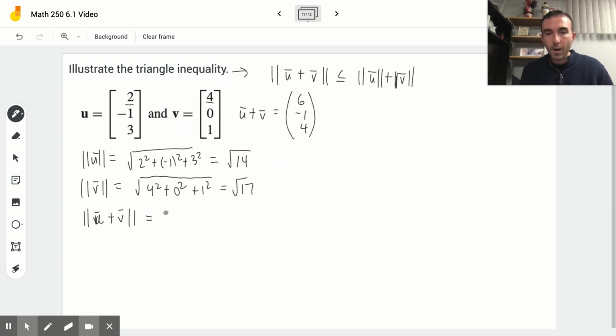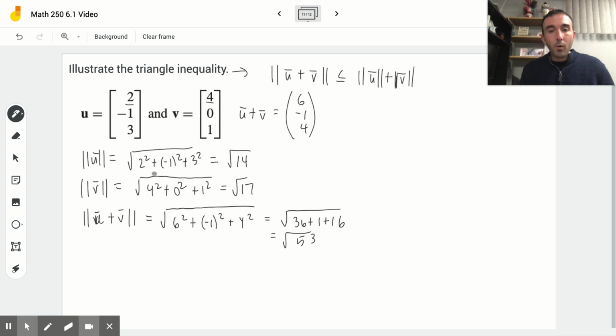So if I then turn around and find the norm, I would have the square root of 6 squared plus negative 1 squared plus 4 squared. And that equals 36 plus 1 plus 16, or the square root of 53.